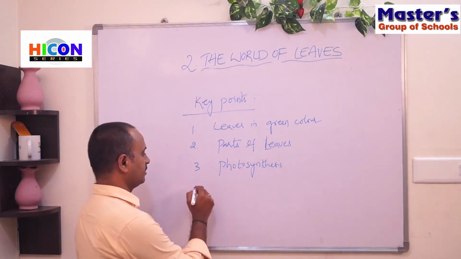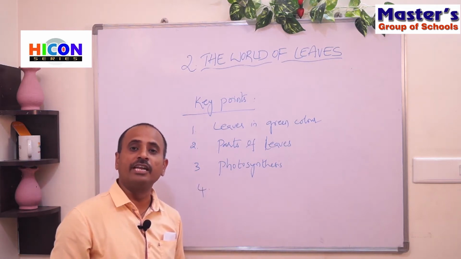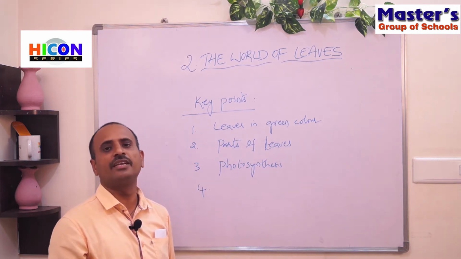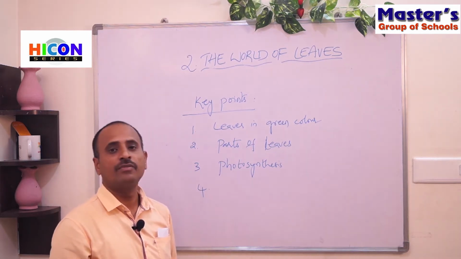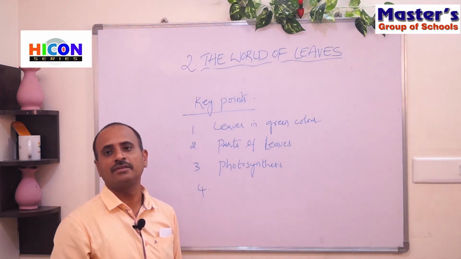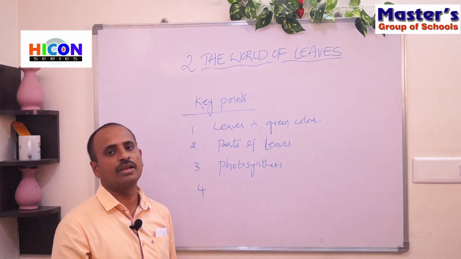And another one is non-green leaves. Some plants have leaves which are not green, so how do they prepare food? For example, mushrooms, croton leaves and cactus. In some plants the stem prepares food, for example cactus.